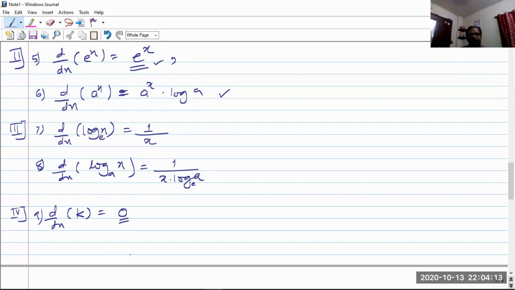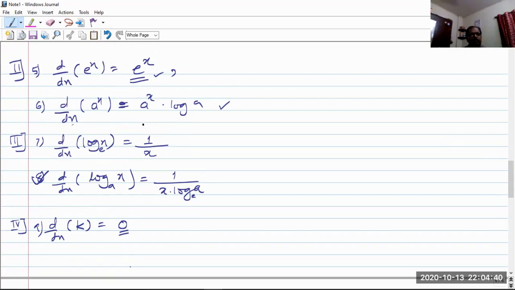So the derivative of log x is equal to 1 by x. And if the log base is other than e, like log x to the base 2, base 10, base 9, then the second formula is applicable. Otherwise, only the first formula is applicable.